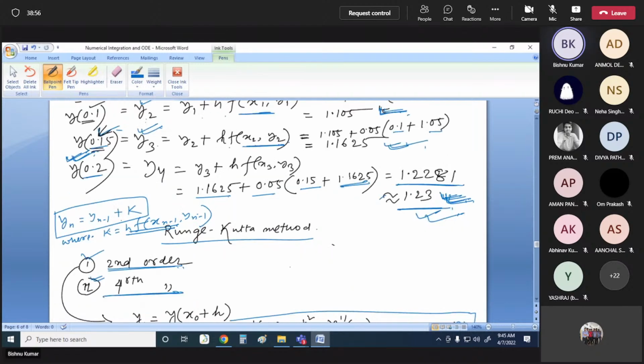If that k is built from an average of 2 k's, then it will be second order, and a weighted average of 4 different k's will be fourth order. Since in Euler's method it is simply one k, that is why Euler's method is known as the Runge-Kutta method of first order.